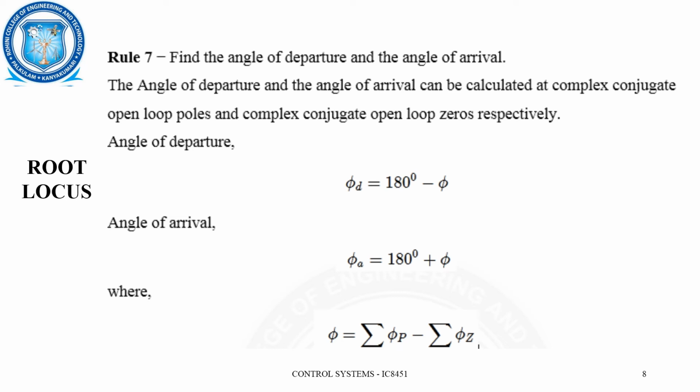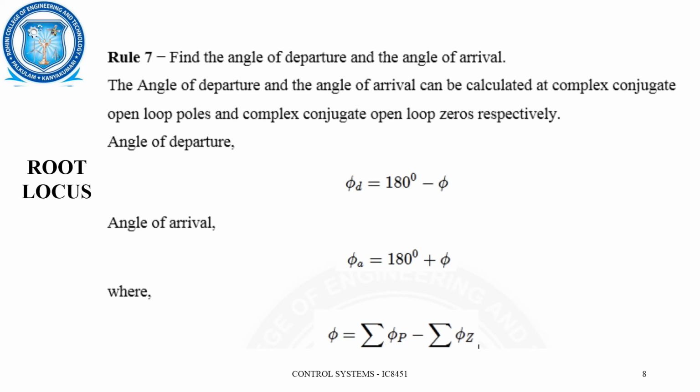Similarly, if a complex conjugate zero is present, the root locus will be coming from somewhere else, from infinity, through the asymptote, and it has to reach the complex conjugate zero. The angle at which it has to reach is known as the angle of arrival.